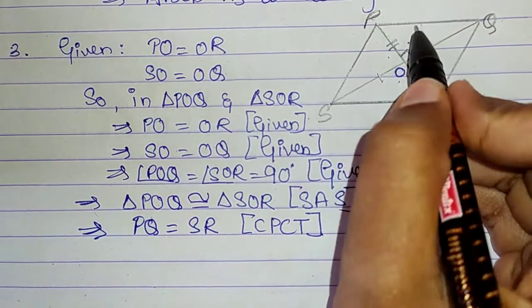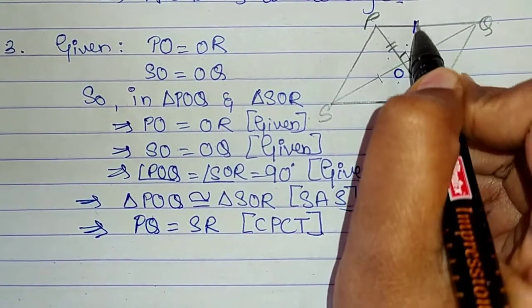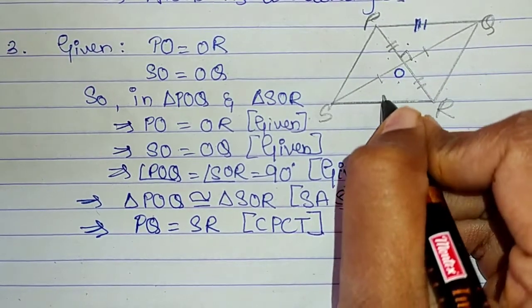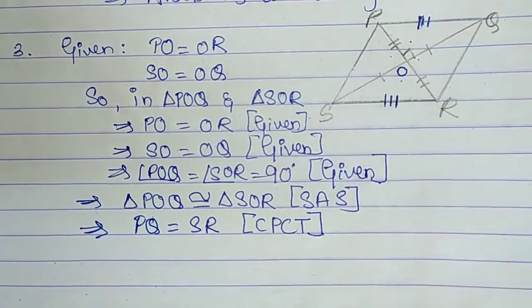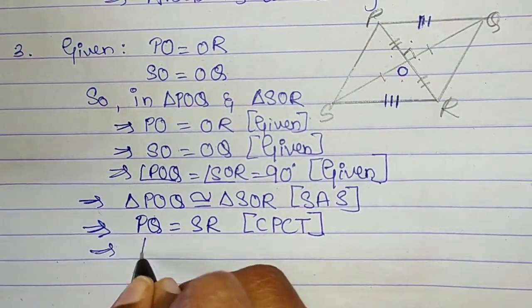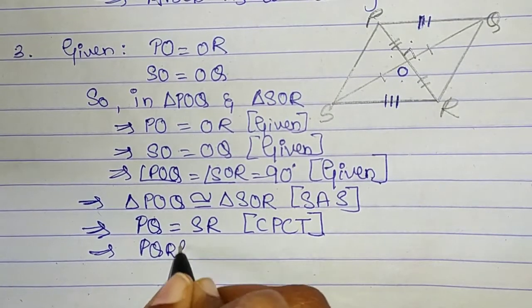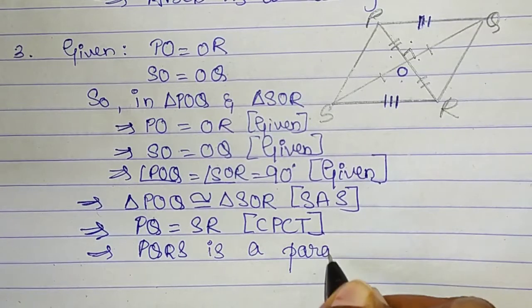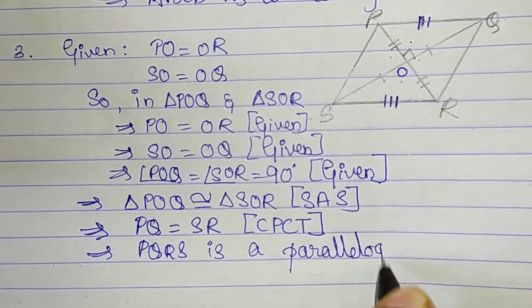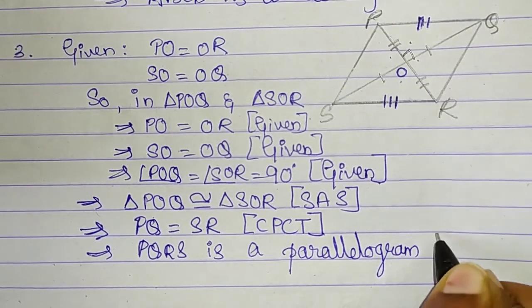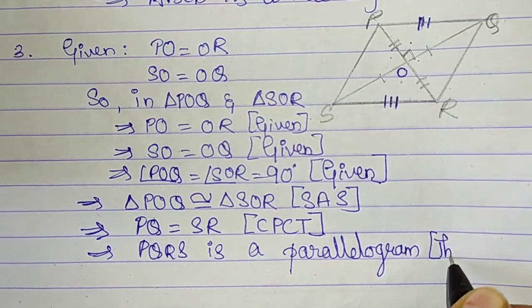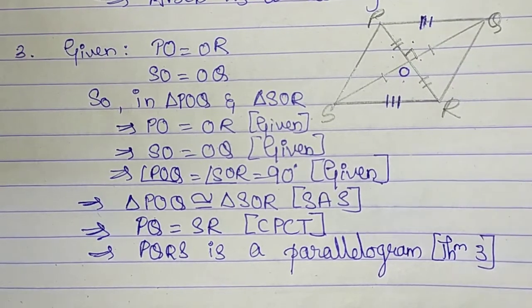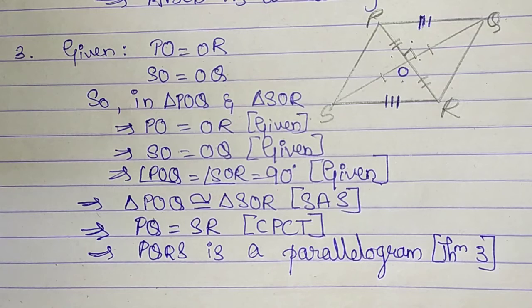So here PQ and SR are opposite sides. So this implies PQRS is a parallelogram from theorem 3. So now we proved that it is a parallelogram.